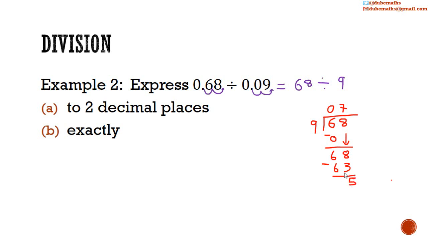We have to continue until we get a 0. Bring down the next digit. We don't have any. Think placeholders. 68 is the same as 68.0. Bringing down the 0.